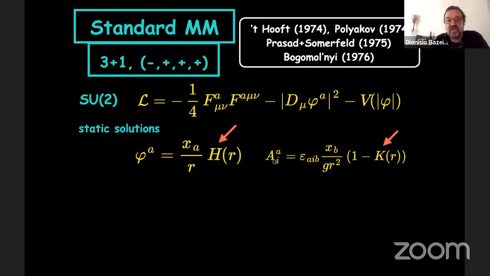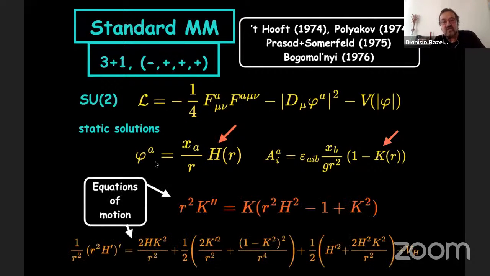If I do this, the equations of motion for this complicated model are these: one for the gauge fields, represented by capital K, and the other one for the scalar field. Even though I am doing a very important reduction here, my equations of motion are very hard to solve. They are coupled nonlinear differential equations.